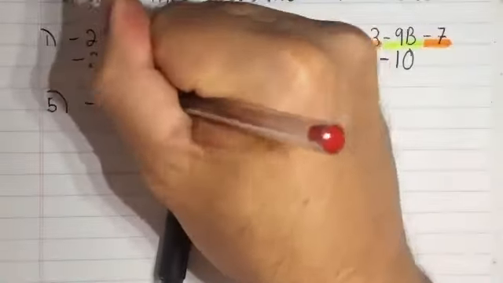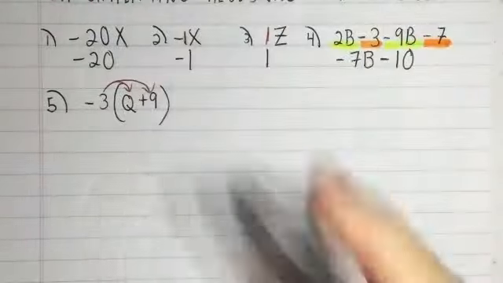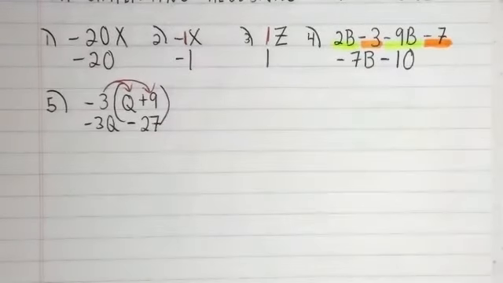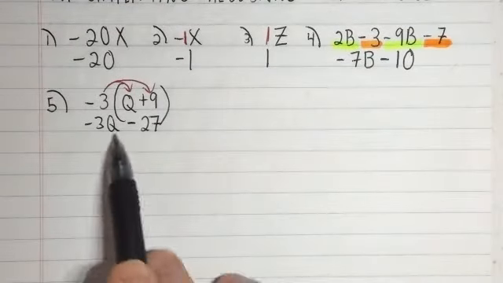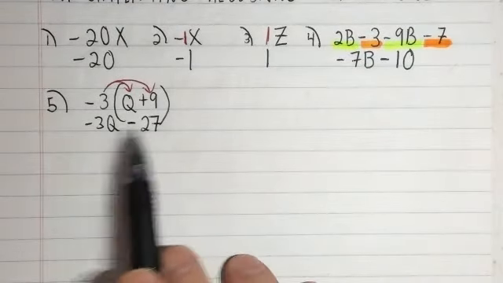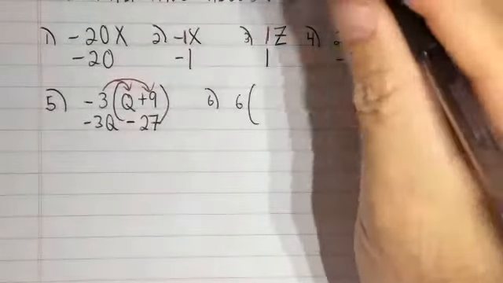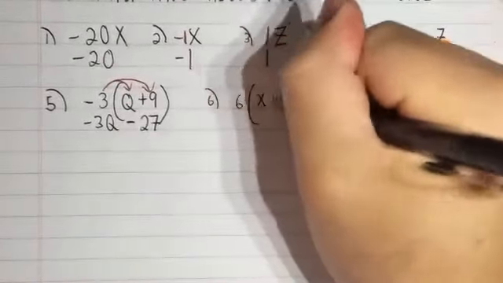Remember, you're going to take that negative 3 and multiply it into both things in the equation. So this just gives me negative 3q, negative 27. And again, check to see, can I combine these? I cannot, because at this point they are unlike terms. I'm pretty much done. The reason they want to introduce that is you're going to see some more examples that are going to deal with distributive property.